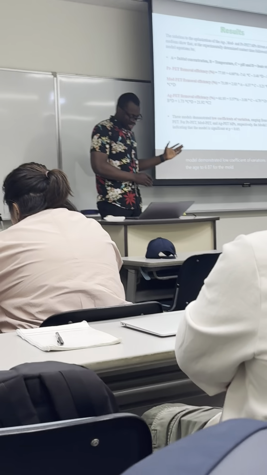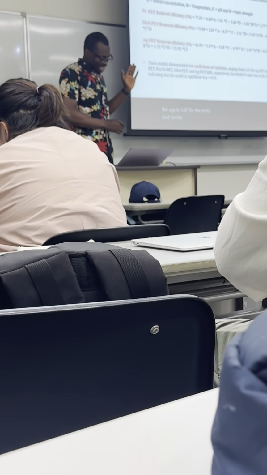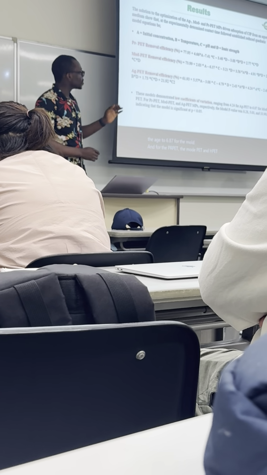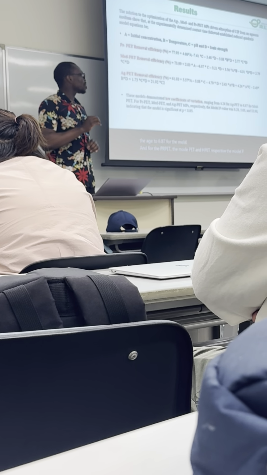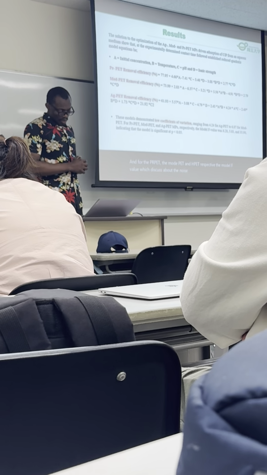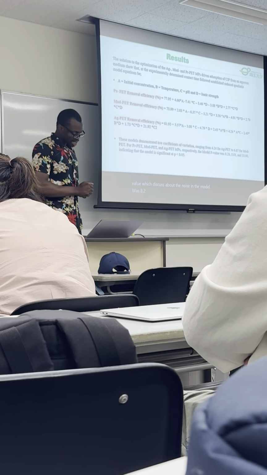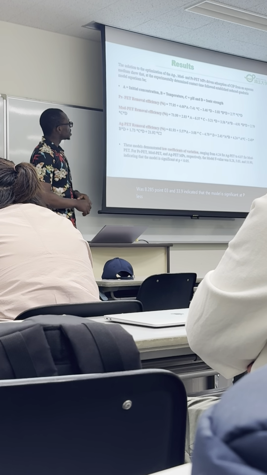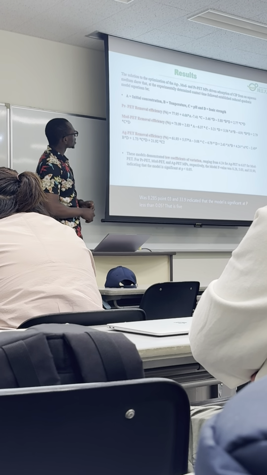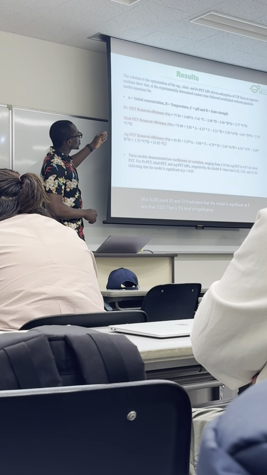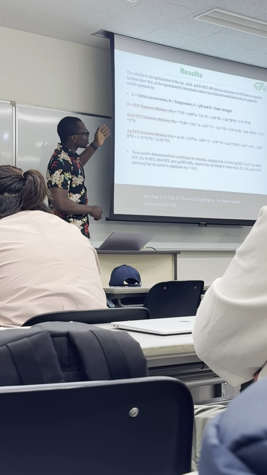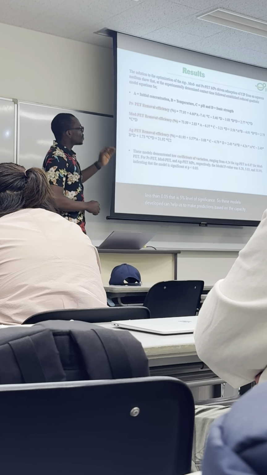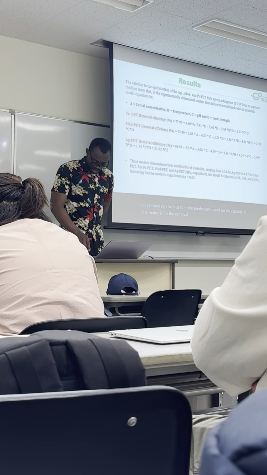For the PRPET, the modified PET and the aged PET respectively, the model F values, which indicate the noise in the model, were 8.28, 5.03, and 13.9, indicating that the models are significant at P less than 0.05, that is the 5% level of significance. So these models can help us make predictions based on the capacity of the material for the removal of CIP in aqueous systems.